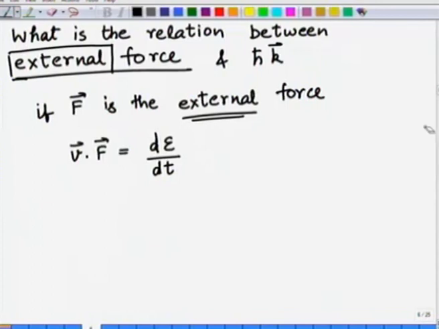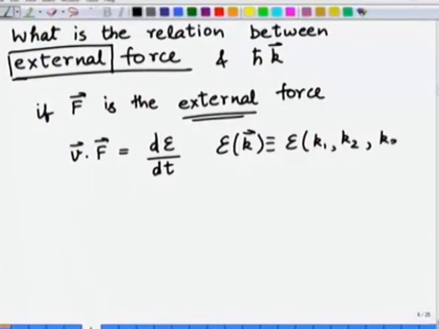And remember what E is. E is a function of k, or in expanded form you will write E as a function of k1, k2 and k3, with 1, 2, 3 representing x, y, z, for example, in a Cartesian coordinate system. So, if I want to calculate this, let us write it down explicitly this time.